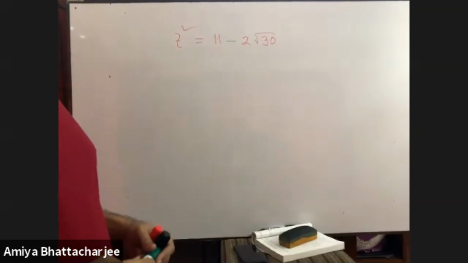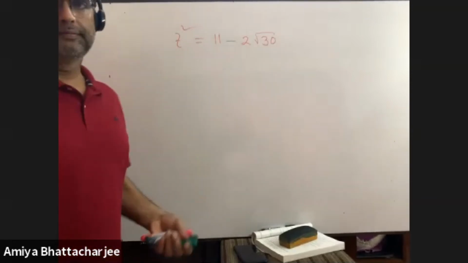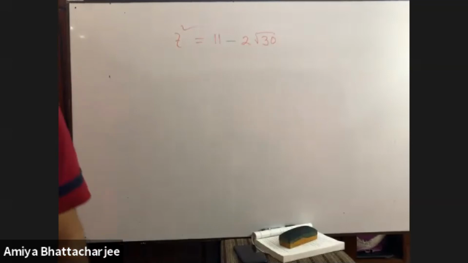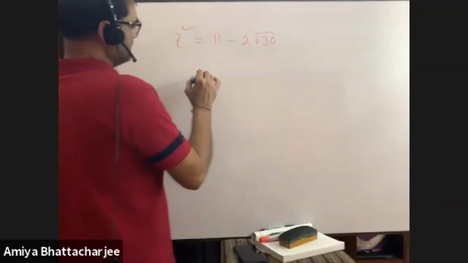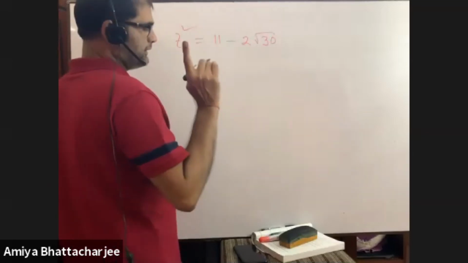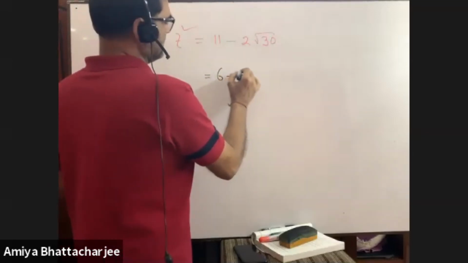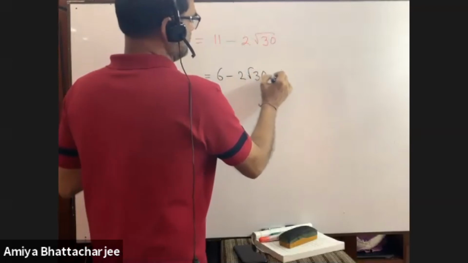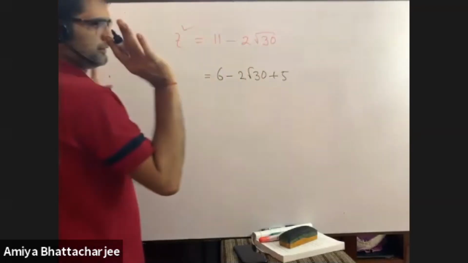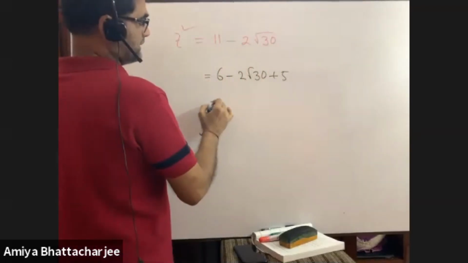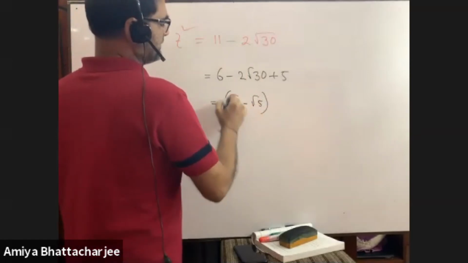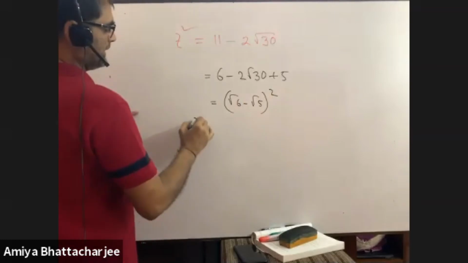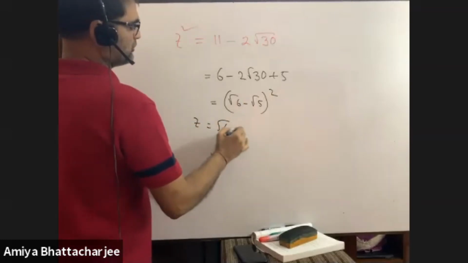If you can answer, you are the best. Over 6 plus 5. You see just 6 minus 2 root 30. Is it or not? Wait, I have not finished yet. So we are getting root 6 minus root 5 like the previous math, right? So we are getting z equals root 6 minus root 5.